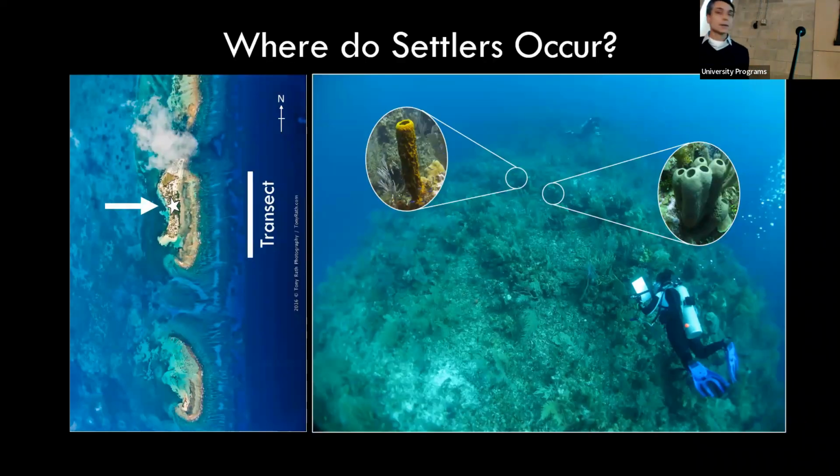Okay. So to observe the distribution of settlers on sponge habitat, I went back to the transect on the barrier reef and recorded the presence or absence of settlers on 2 of the most abundant tube sponge species. This is the yellow tube sponge here, and this is the brown tube sponge, Agelas conifera. We chose that sponge as a comparison point because it has a similar morphology and comes in a variety of similar tube sizes.